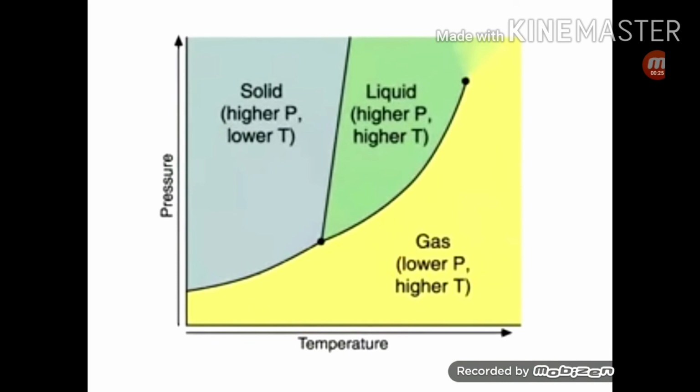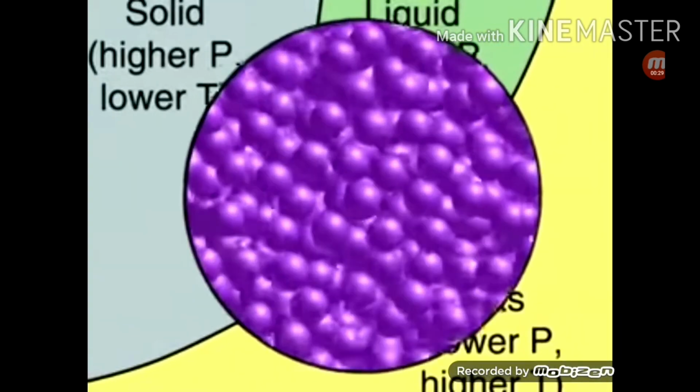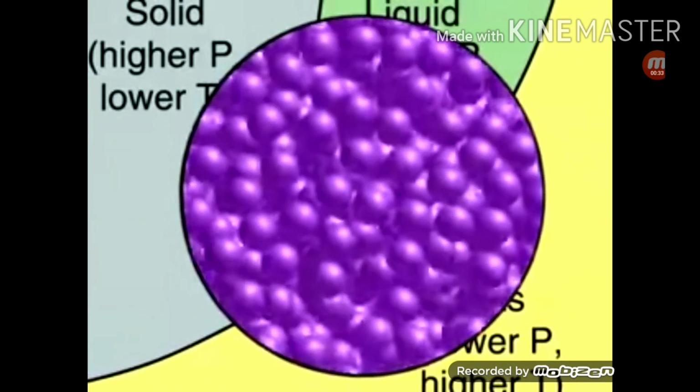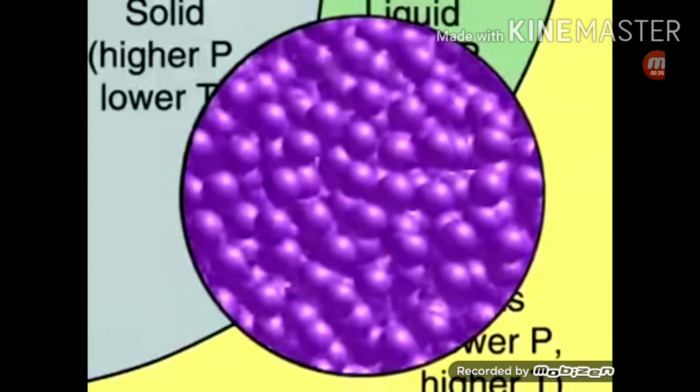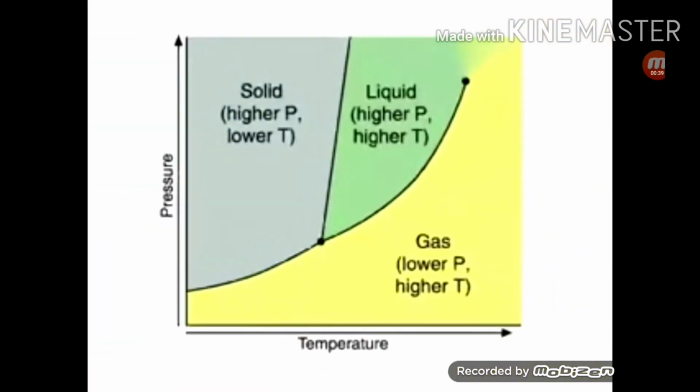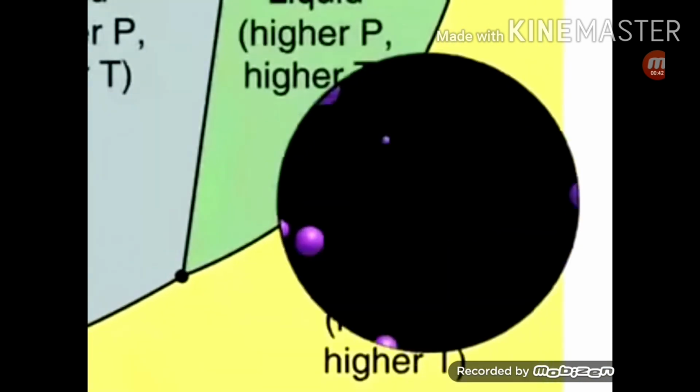A magnified view of the liquid reveals a major difference between it and the solid. The particles are still in close contact, but their positions are much less restricted than in the solid, and they roll and tumble around one another. In stark contrast to the solid and liquid phases, a magnified view of the gas shows the particles far apart, except when they collide.